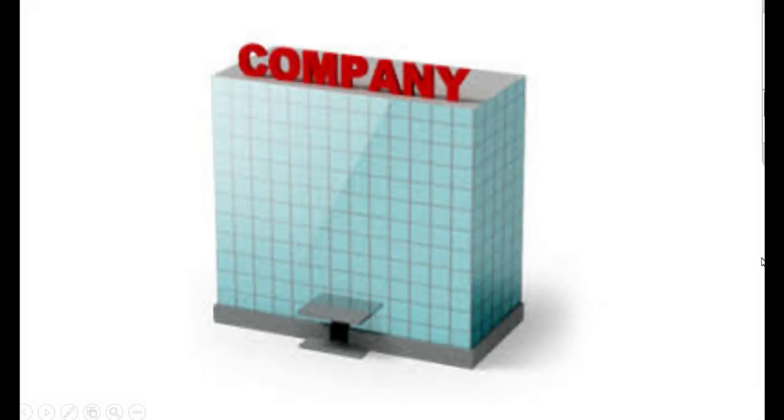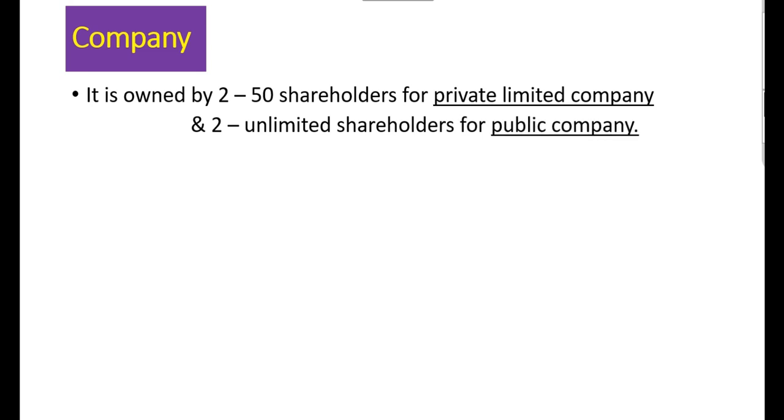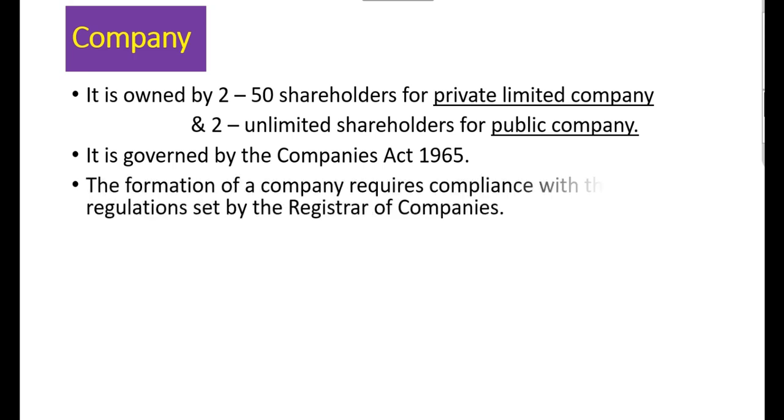The characteristics of a company are as listed here. It is owned by 2 to 50 shareholders for a private limited company and 2 to unlimited shareholders for a public company. It is governed by the Companies Act 1965. The formation of a company requires compliance with the rules and regulations set by the Registrar of Companies.